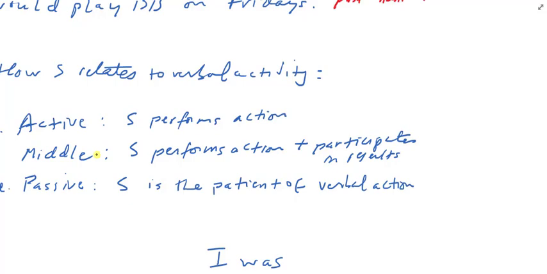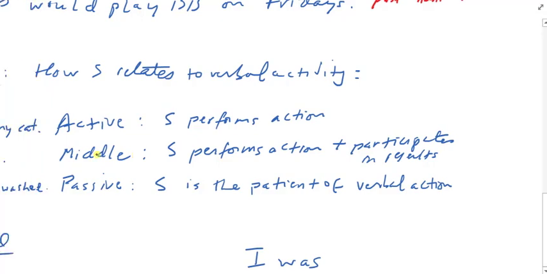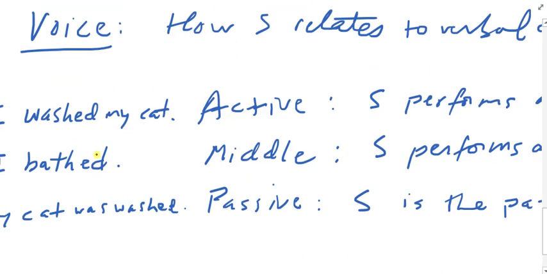Sometimes the subject performs the action on himself or herself. Okay. Sometimes the subject performs the action in his or her own interest, but not necessarily directly acting on himself or herself. Now I'm going to give you some examples here because we really have a hard time conceptualizing this.